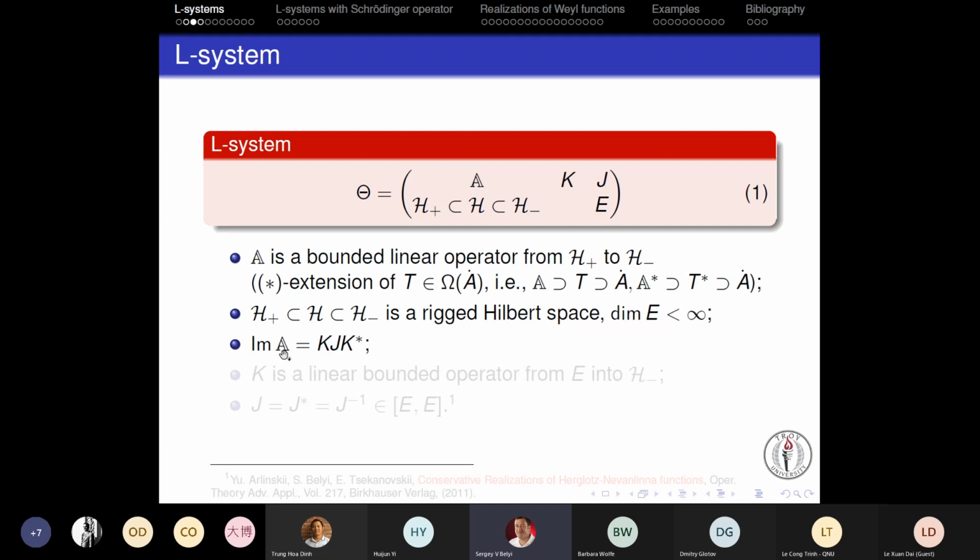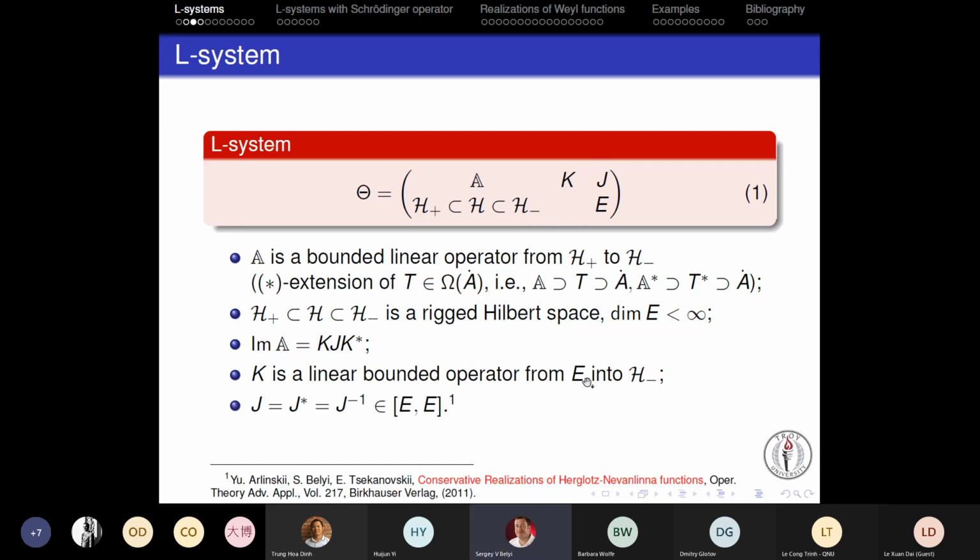There is a condition connecting the imaginary part of A with the channel operator K that is responsible for bringing the input signal into space H minus. And J is the so-called signature operator describing pretty much the environment where all this is going on. It's both self-adjoint and unitary.